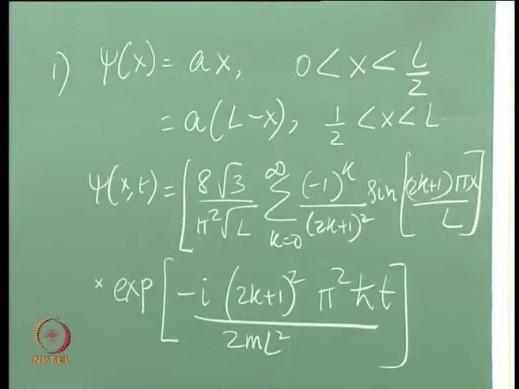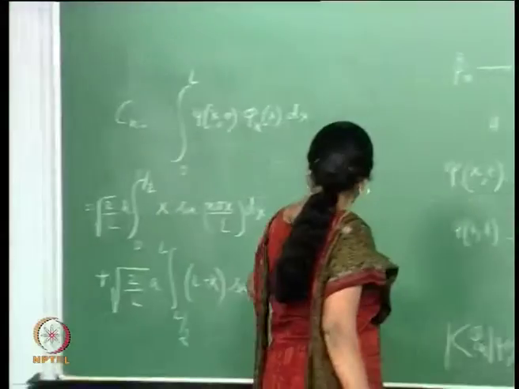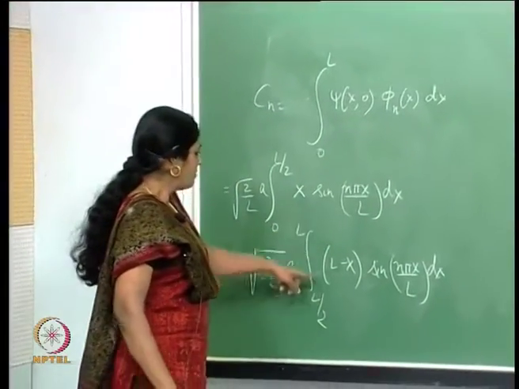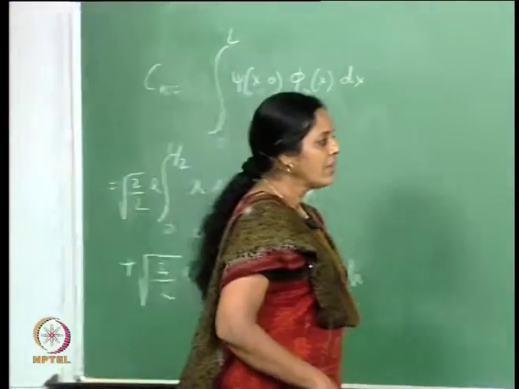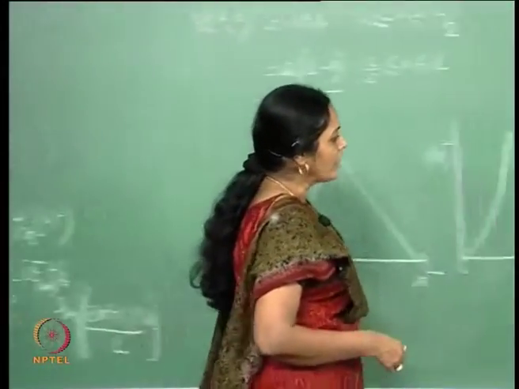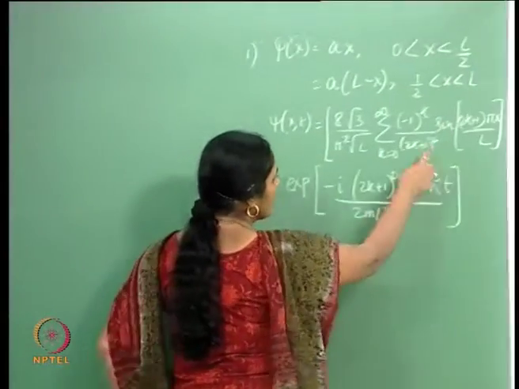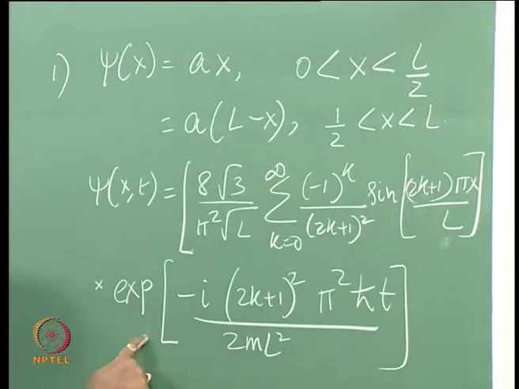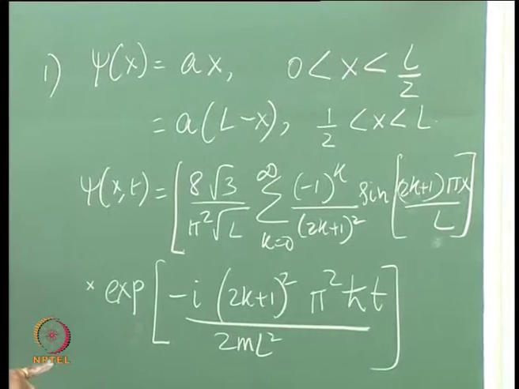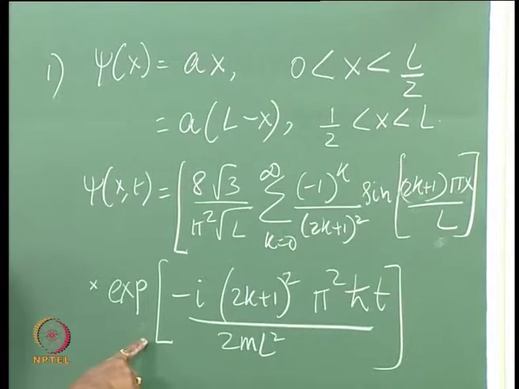This integral out here vanishes, the Cn's vanish for n even, and there is a contribution only for n odd, and that is why there is a 2k plus 1 pi x by L there. And then of course I have to put in an e to the minus i E n t by h cross.